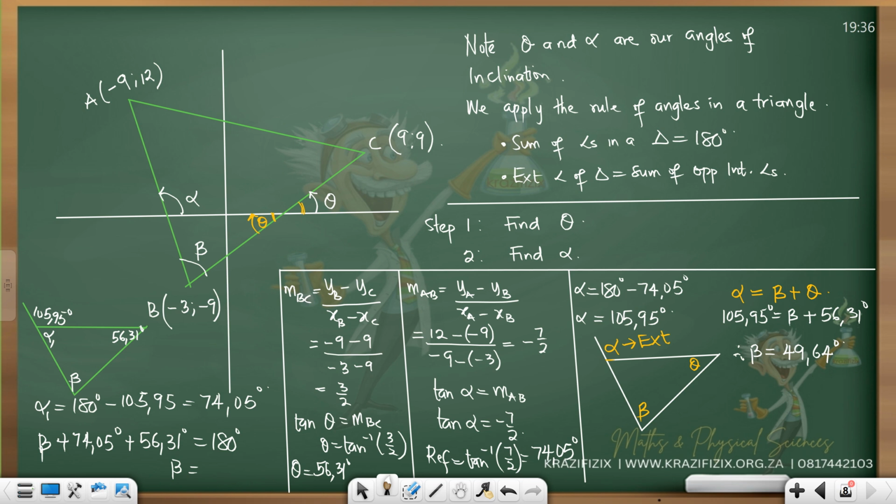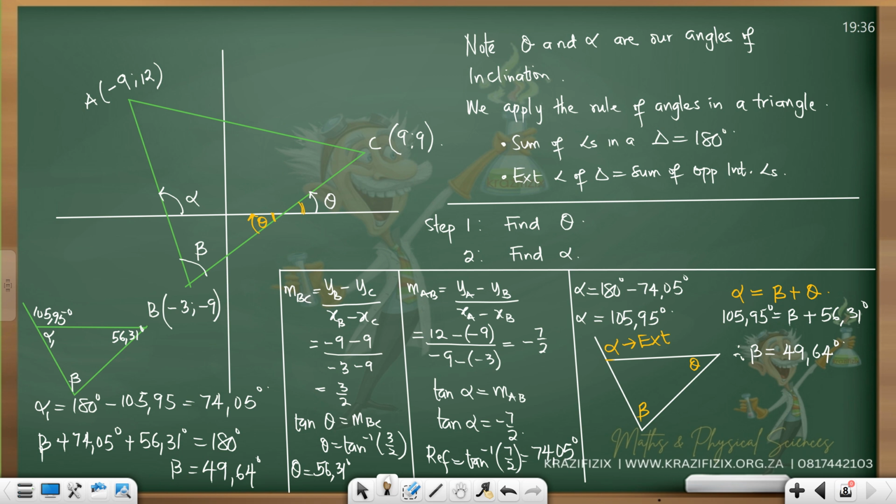Sum of angles in a triangle. It's still giving us that answer? Oh, Tariq says yes, Ponolo says yes, Mandla says yes, because you just need to move everything over. All right, so that's just basic geometry.